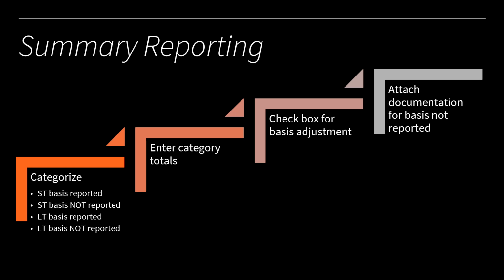And if it was a situation where the basis was not reported, we would need to be attaching some documentation, which could be scanned, or we could send our taxpayers off with a printed out 8949 and the documentation for the basis with that.